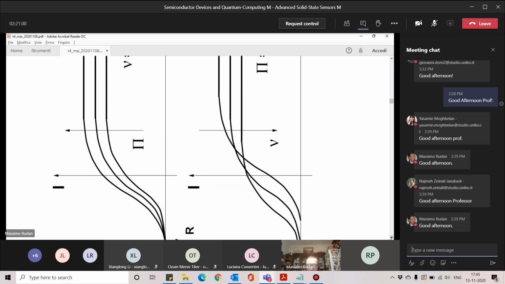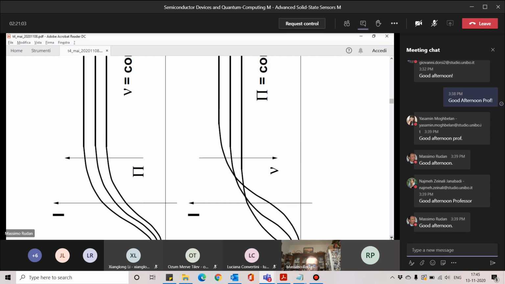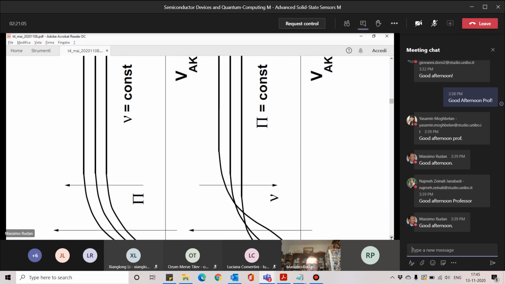Because in this type of experiment, we are keeping the intensity constant. Okay? So if we increase the frequency, we increase the energy. In order to keep the intensity constant, we have to have fewer photons. They're more energetic, but their number is smaller. Okay, so this is why the curves intersect.